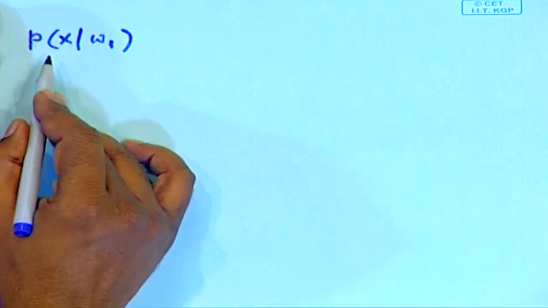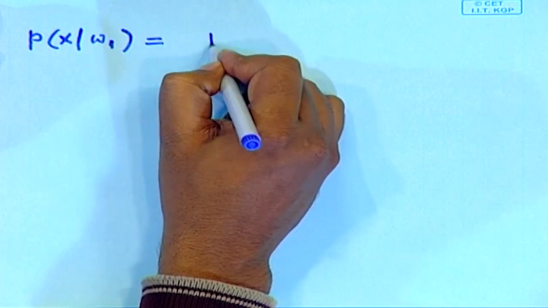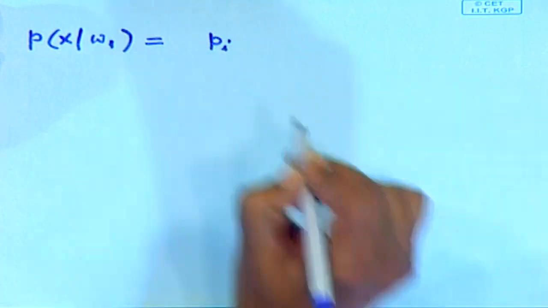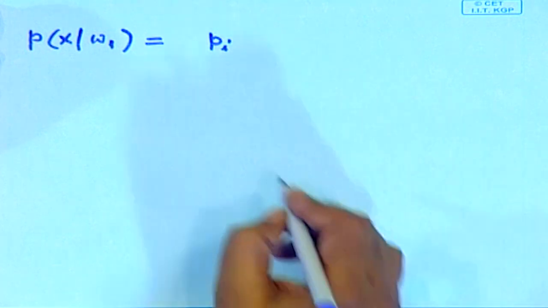Pi is the probability that xi equal to 1 given the true state of nature is omega 1. But it also has a finite probability that it may have a value equal to 0, so I have to consider that as well.